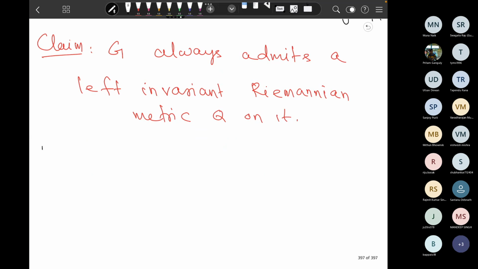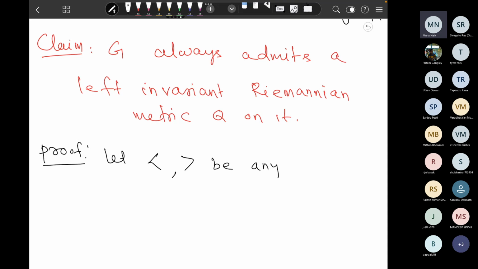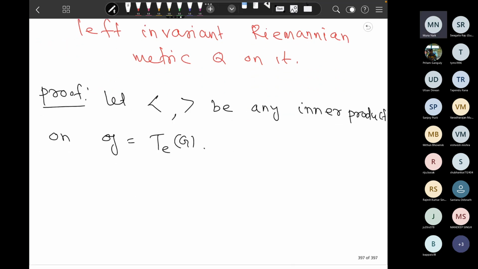Choose any inner product on the tangent space of G at the identity, which is really easy, and I want to define a Riemannian metric using this. I have to use the left translation.